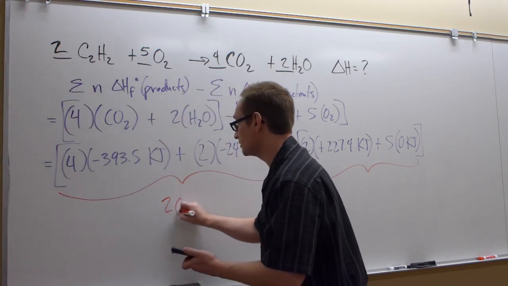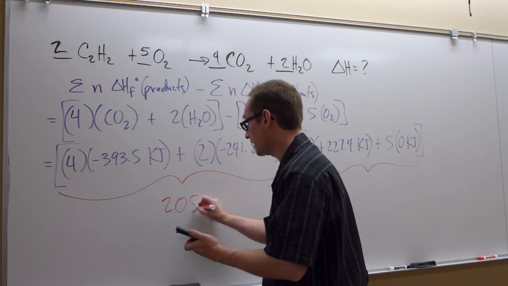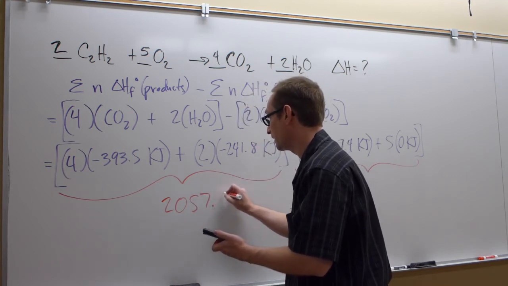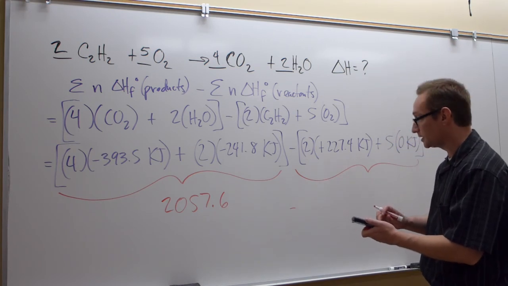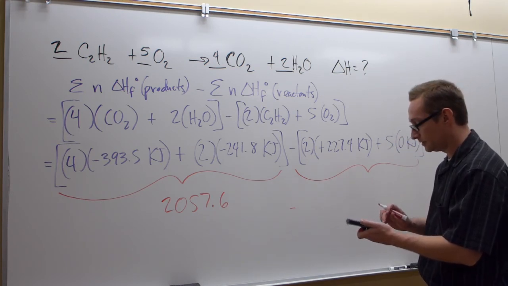So on this side, you should get negative 2,057.6, minus this 2 times 227.4.